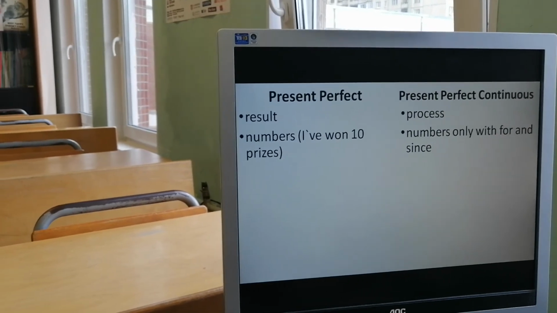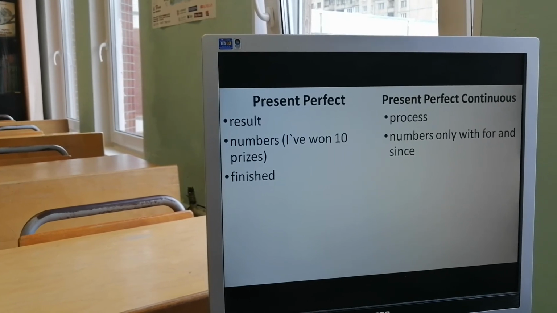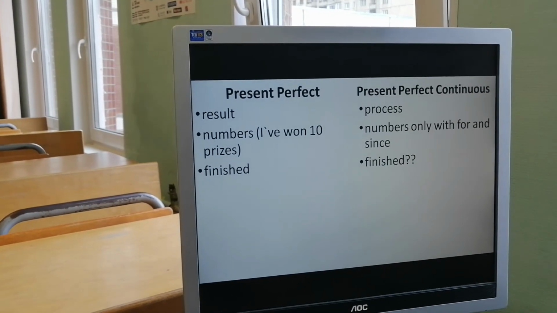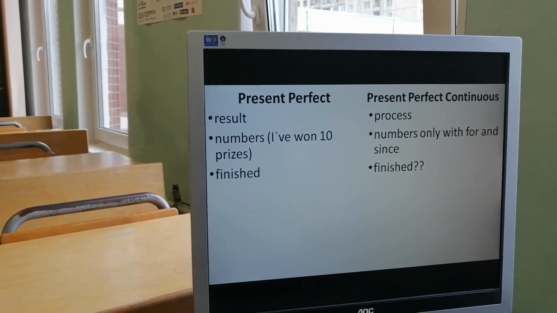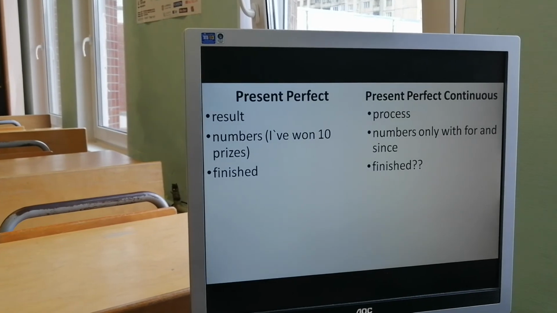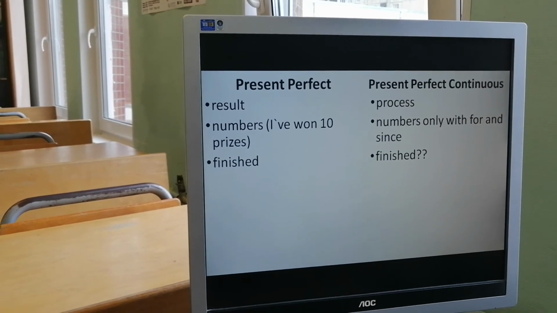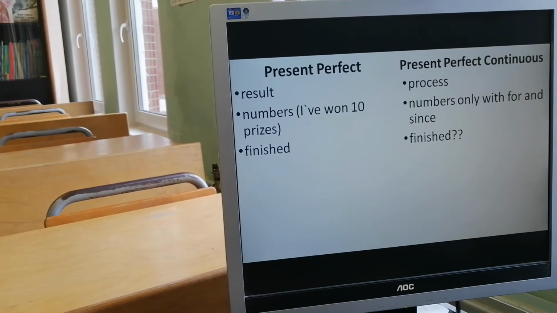Like that. One more thing. When we use present perfect, the action is definitely finished. Like, I have done my homework. It's ready. Here is my notebook with it. Whereas, with present perfect continuous, it may not be finished.